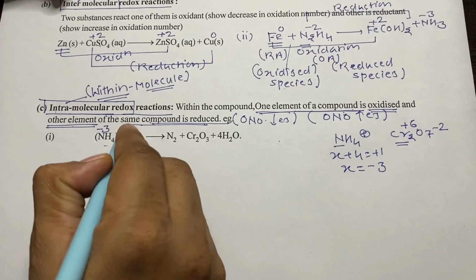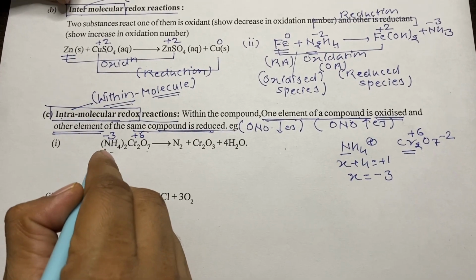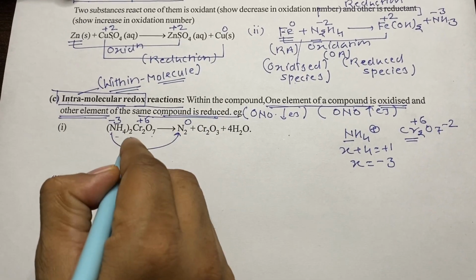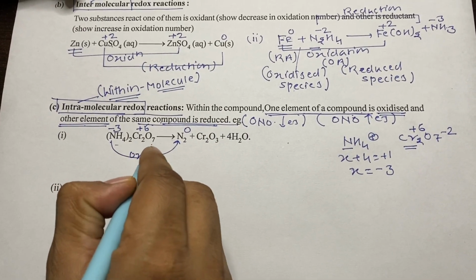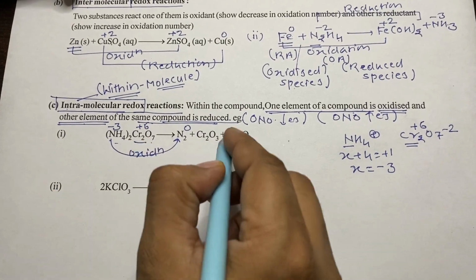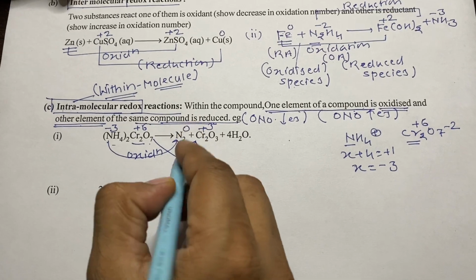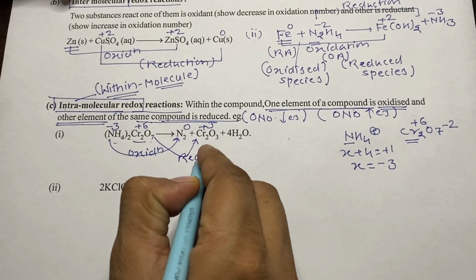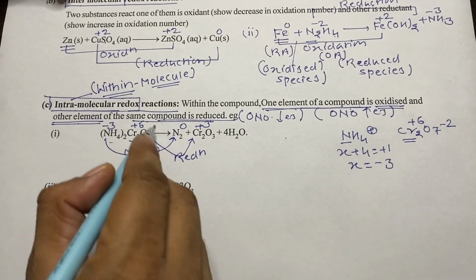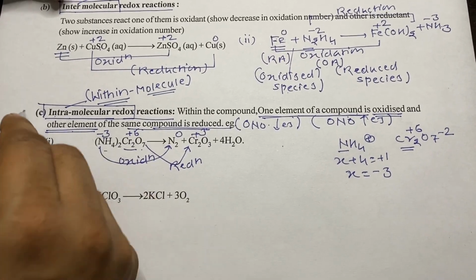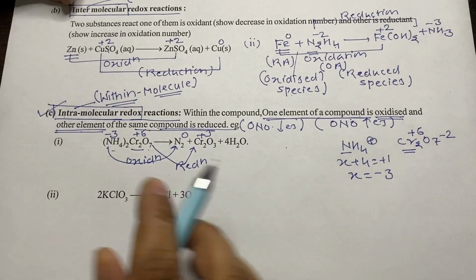So nitrogen is changing from -3 to 0, so it is an oxidation reaction, and chromium is changing from +6 to +3, so it is a reduction reaction. So oxidation and reduction are taking place within the compound and for two different elements. That's why it is an intramolecular redox reaction.